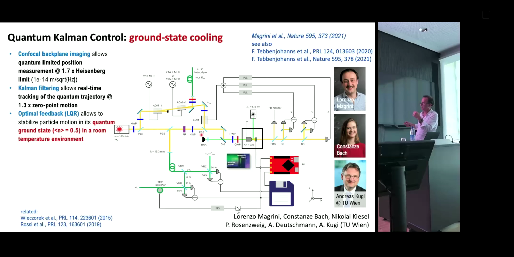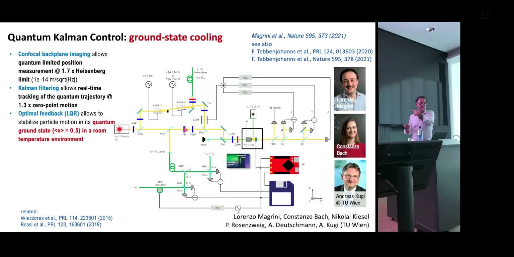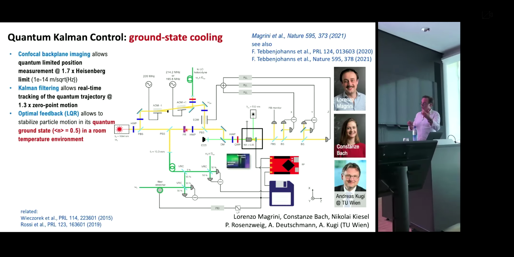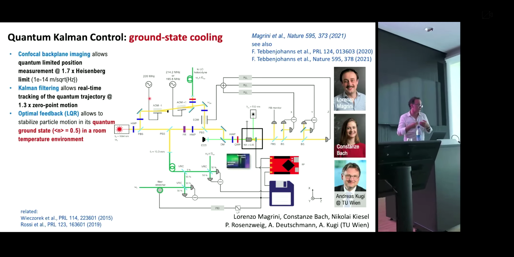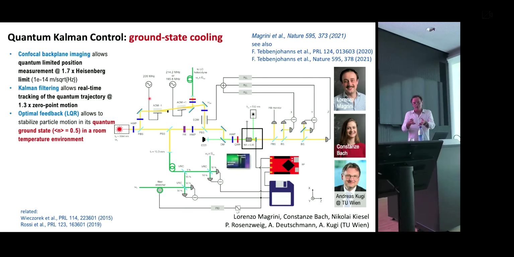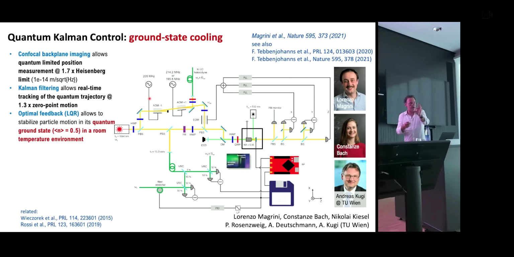It's confocal backplane imaging, so you reduce all the noise. And our detection method is now basically Heisenberg limited. The back action precision product is only 1.7 times h bar, which means that we have essentially built a Heisenberg microscope. So that means we can now monitor the particle motion.